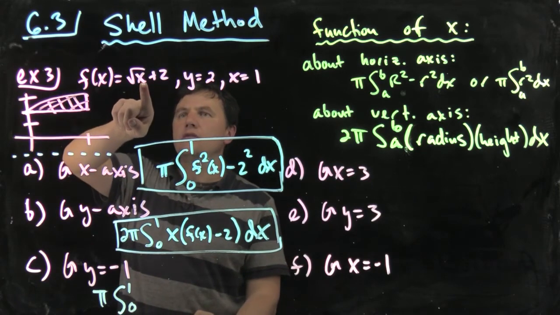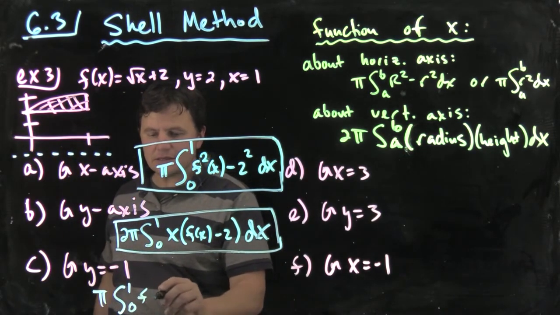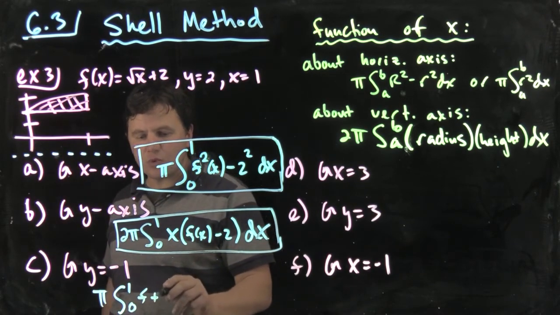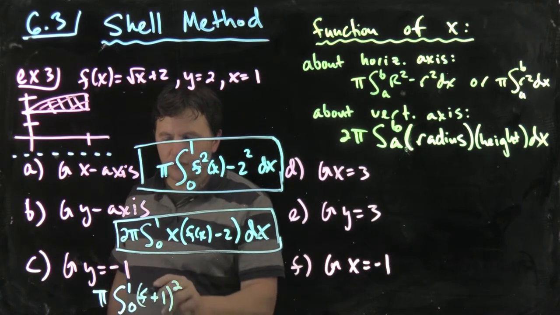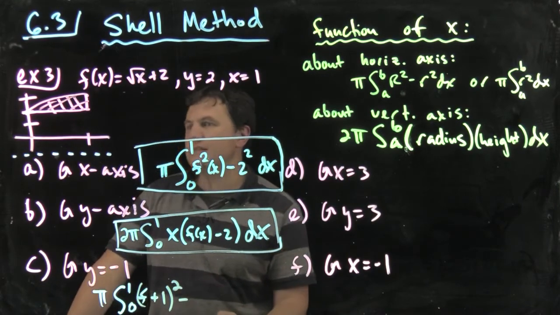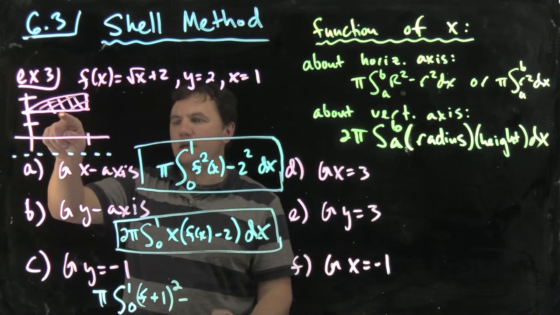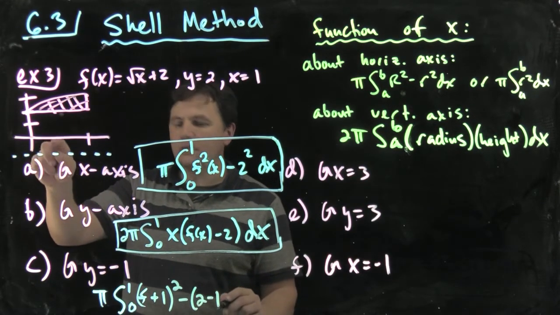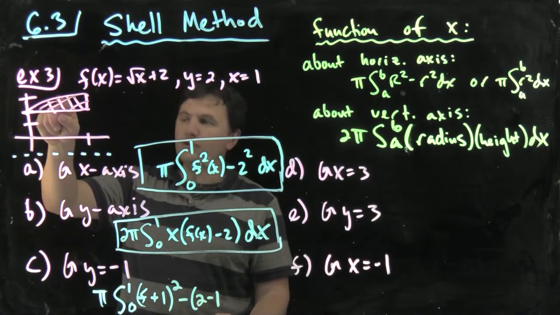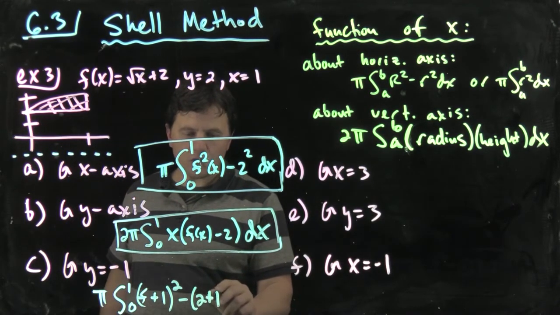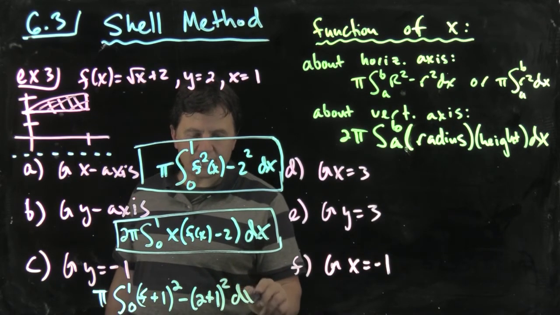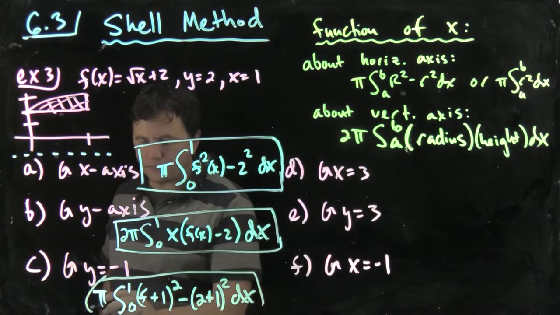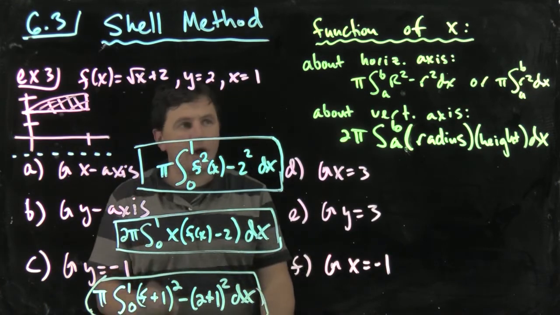The big R, function farthest away, that is f of x, minus -1, so that's going to be f plus 1, squared, minus, and then our little r is going to be 2 minus -1, so that'll be 1 plus 2, squared dx. No need to simplify these things. In fact, I kind of like them left like this because it's clear what's happening. And that is rotating around y equals -1.